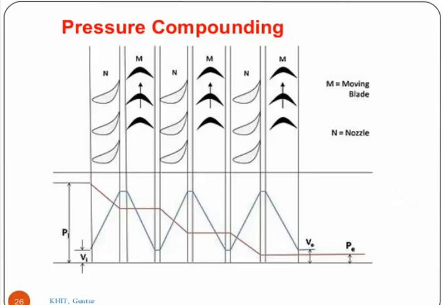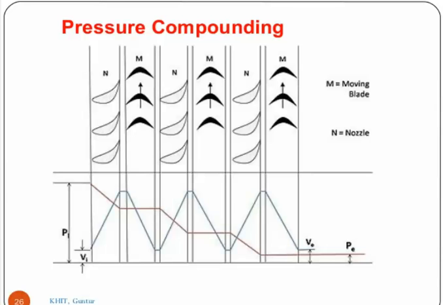With the help of this diagram, you can see the fixed blade and moving blade positioning. Here the arrangement consists of a number of simple impulse turbines in series mounted on a common shaft.